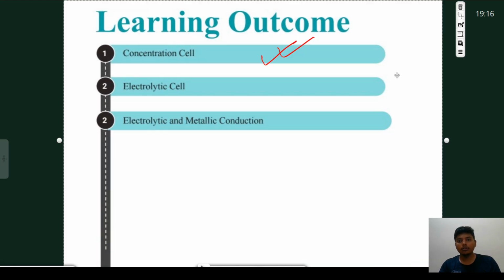So anode and cathode both will be the same, right? Anode and cathode will have the same element, just only the concentration will be different.